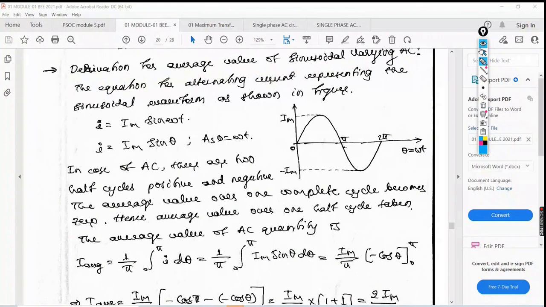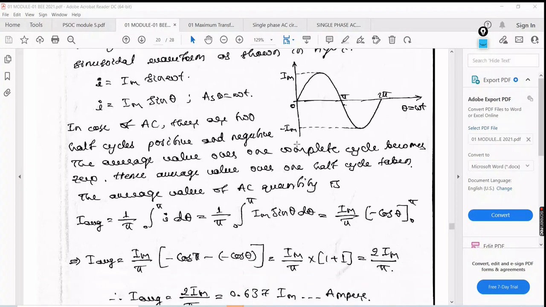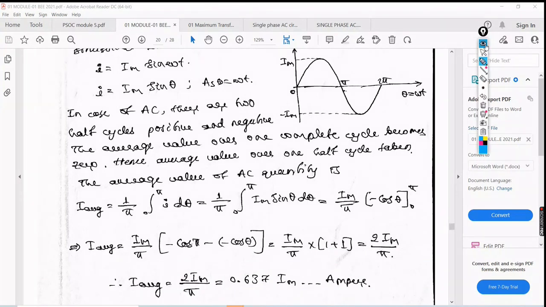Listen to this, and if you are not getting it, you can ask. We need to consider an alternating quantity to determine the average value, so we consider the sinusoidally varying quantity with the current equation I equal to Im sine omega t.